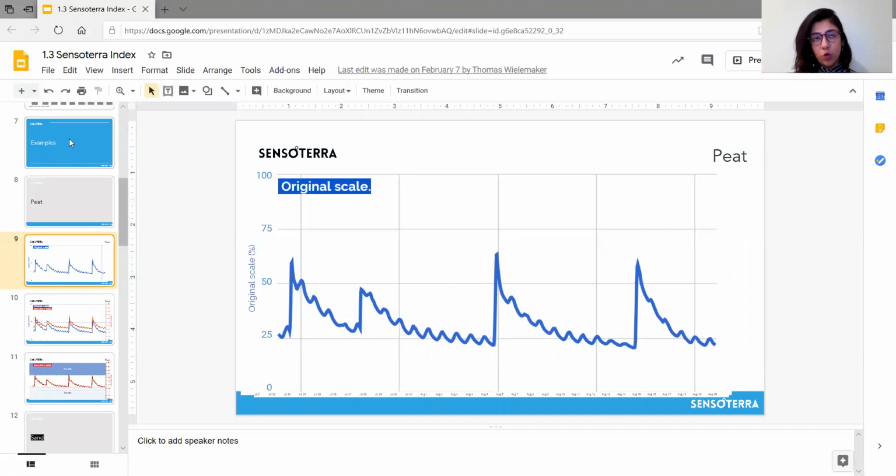If you look at the vertical axis, you have the soil moisture percentage from 0 to 100. So we can have an idea that for peat soils, the thresholds go from 25 or a bit below 25% to, let's say, 70%.